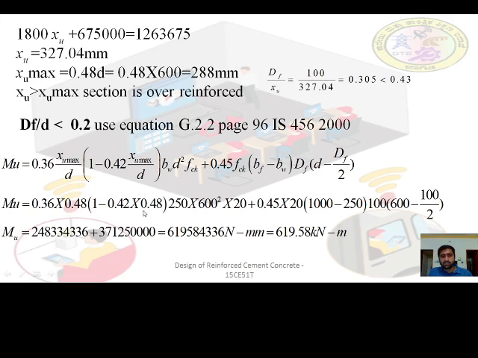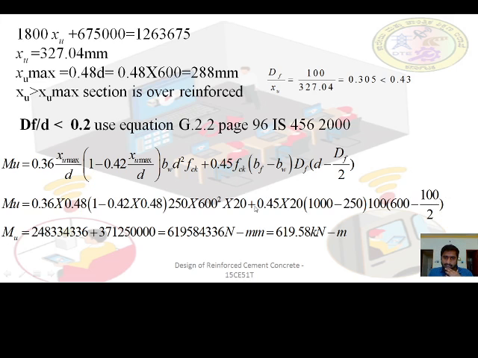So 1 minus 0.42 XU by d. BW, the width of the web, 250, d effective depth 600, FCK 20, plus 0.45 into 20. The width of the flange we have calculated for the isolated T-beam is 1100 mm, minus the width of the web 250, multiplied by the depth of the flange 100, into d effective depth 600 minus depth of the flange 100 by 2.